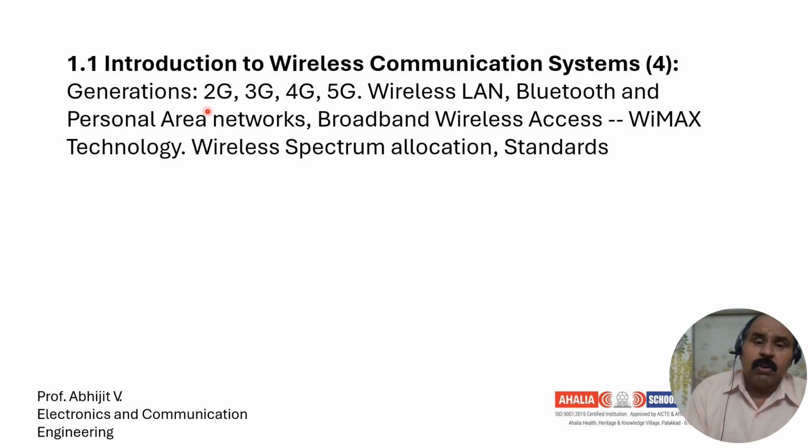We will be traversing across the different technological advancements from 2G, then to 3G, 4G, 5G, and we will see the basic differences, what are the advancements, what are the changes that happened since 2G came into existence. From then, we will study about wireless local area networks, Bluetooth and personal area networks, broadband wireless access, WiMAX technology, wireless spectrum allocation, and various other standards used in wireless communication systems in this particular lecture.